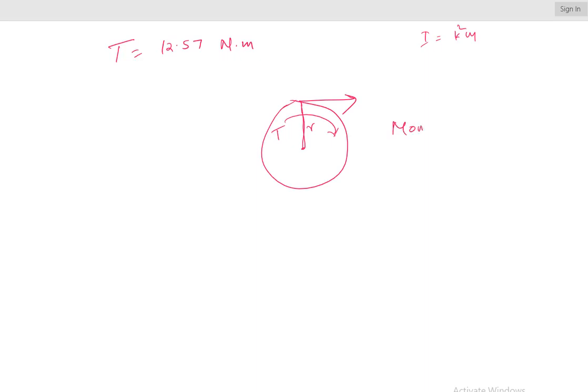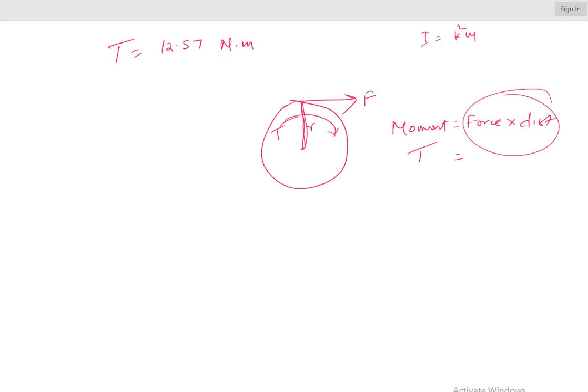Moment is force times distance. Torque is also force times distance. You use the term torque especially for things that are spinning, but basically it's force times distance. So to get this force, you take the torque divided by that distance, and you get the tangential force.